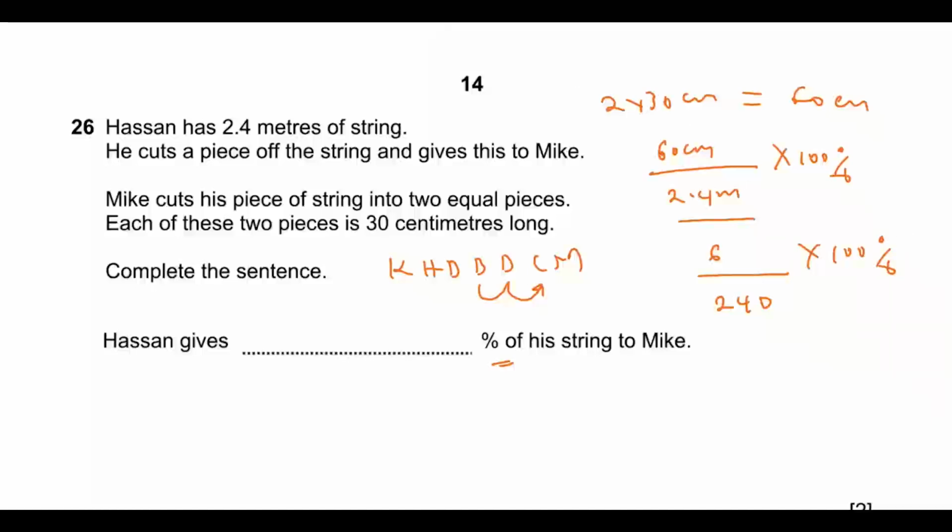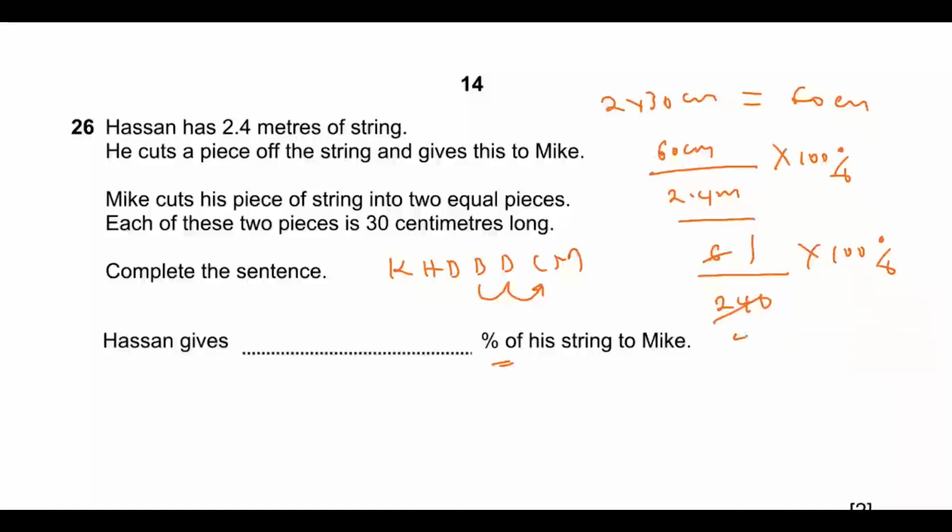You have your calculator, so you can do this easily. We know that 6 goes in 6 once, and 6 times 4 is 24.